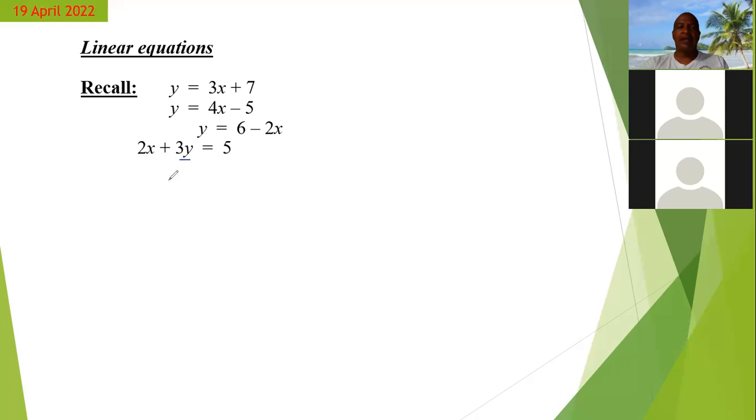So that means we have to bring this 2x to the other side. If we bring the 2x to the other side, what's going to happen? We'll have 3y. All right, let's put this in front. What is this 2x going to become? Minus 2x. Minus 2x. And then we're going to have plus 5.